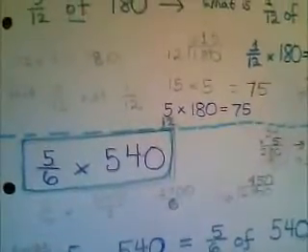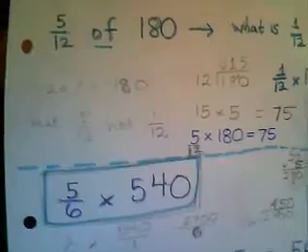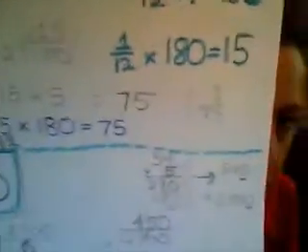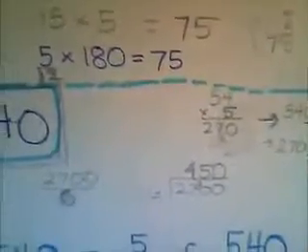Can you see why method 1 can sometimes take a really long time? Method 2, you will find much more quick and easy. So now I've got 2,700 sixths, and I've got to divide that, which I have done there, you can see.